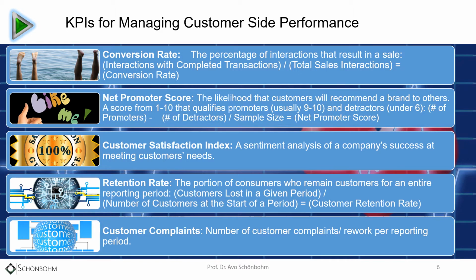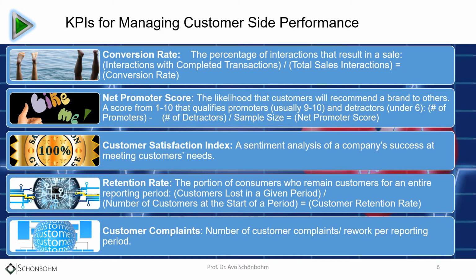The conversion rate answers the question, how effective are our measures, our campaigns? For example, the percentage of interactions that result in a sale. So we have the number of interactions with completed transactions.